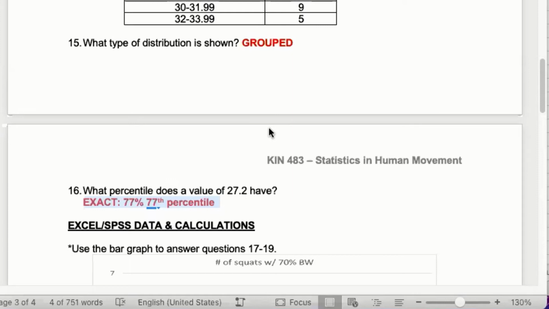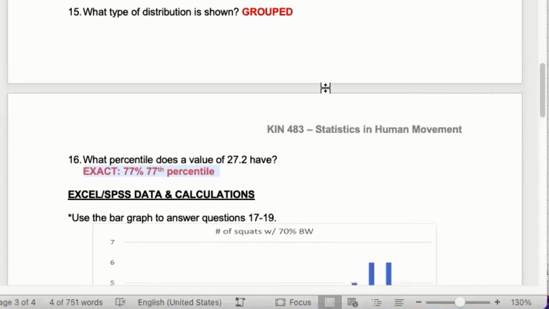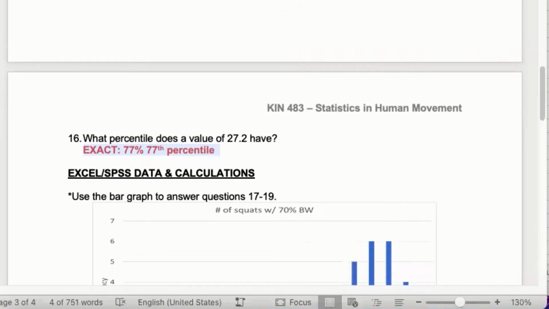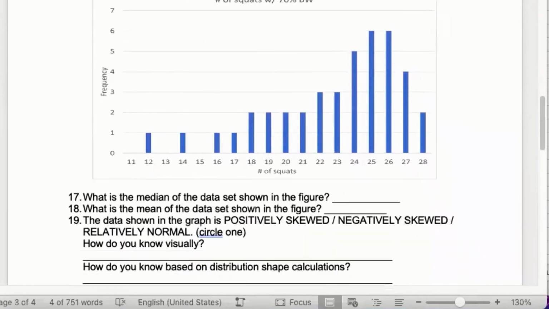But if I wanted the nearest tenth and you rounded to the nearest whole, it'll automatically count your answer as wrong. When I scroll through, usually I can catch those, but sometimes if I miss them, then you just got it wrong because you rounded your answer. So just keep an eye on decimal places you're supposed to report. Same thing goes for the SPSS and Excel calculations that we'll do in a second.